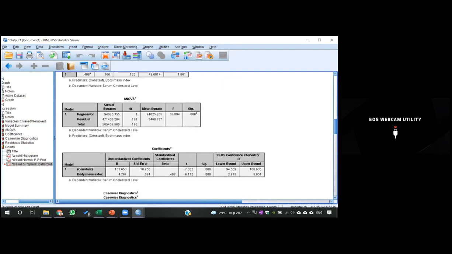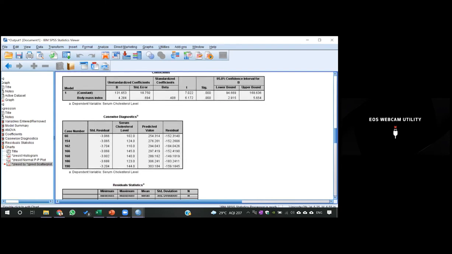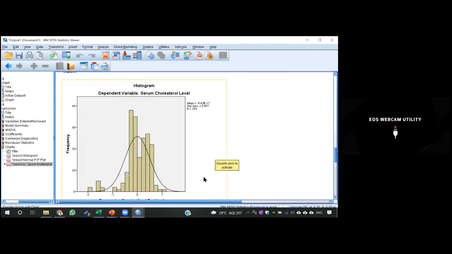So I'll go down and I'll see this graph. This is the normality. You can see this is the histogram of the standardized residual. And this tells you whether your residuals are normally distributed or not. In the other part of the basic statistics, you were checking for the normality of the raw data.